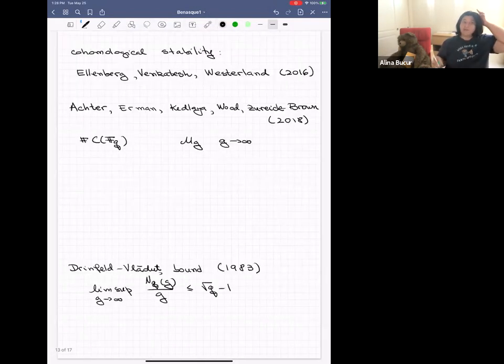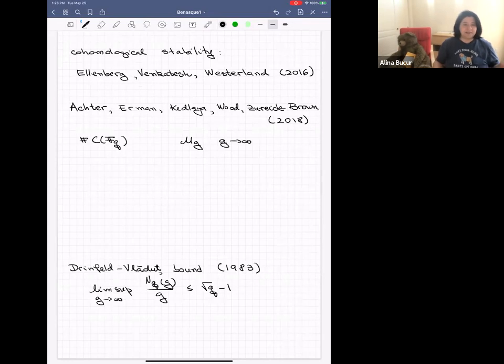Okay, another method that comes into play, something that comes from topology, namely cohomological stability. So somehow the ultimate reference is this paper by Ellenberg, Venkatesh and Westerland from 2016. And this cohomological stability was used by Achter, Ehrman, Kedlaya, Wood, and Zureick-Brown in 2018.